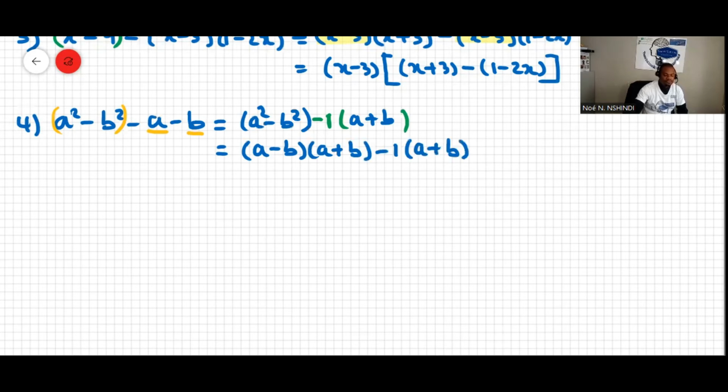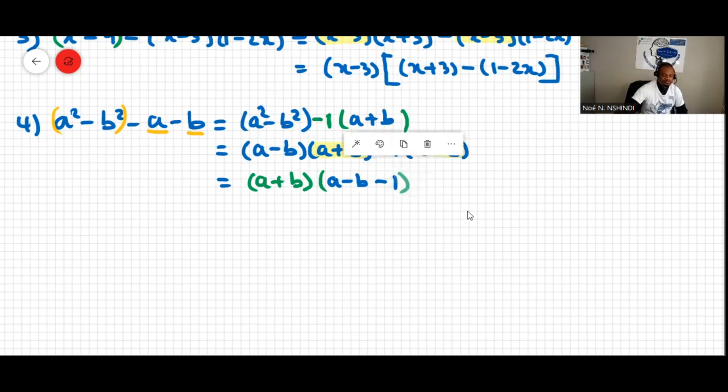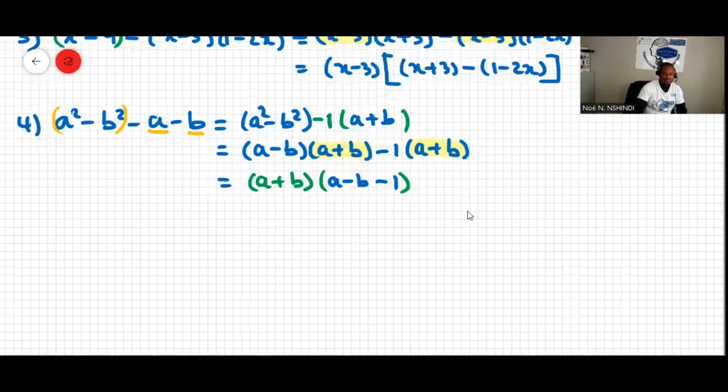Now we have a plus b here, a plus b there, they're common, so I'll take a plus b as a common factor, then what's left here is going to be a minus b minus 1. So that's question 4.